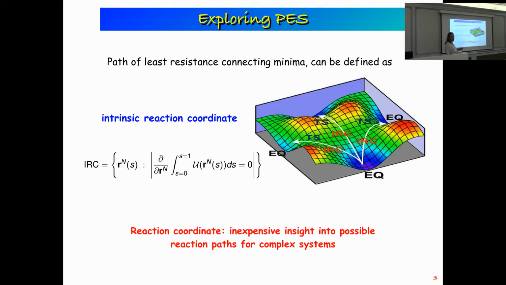There are many ways to try to find these pathways. The common goal is to obtain the intrinsic reaction coordinates, so really the most efficient way to describe what happens to the whole set of coordinates that you have.